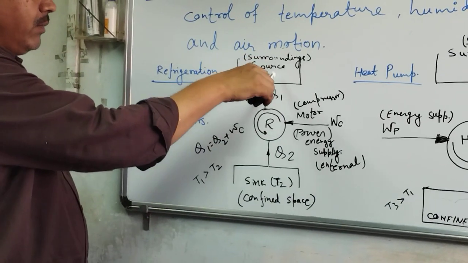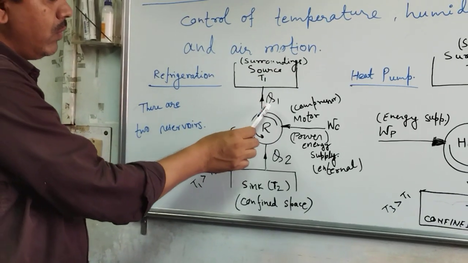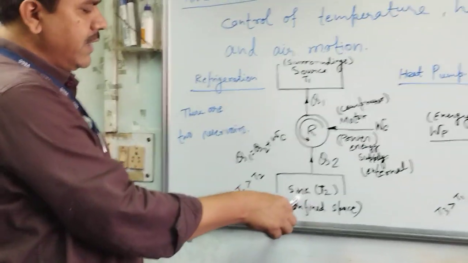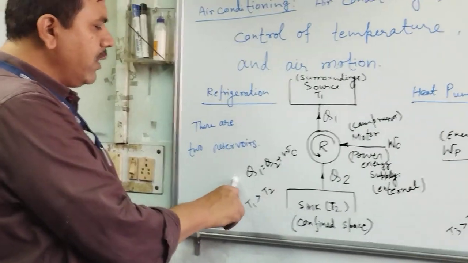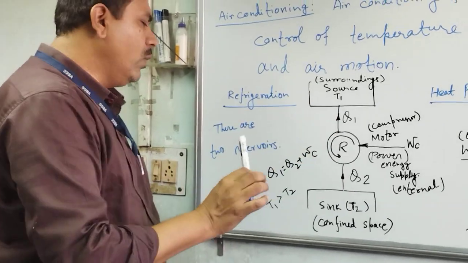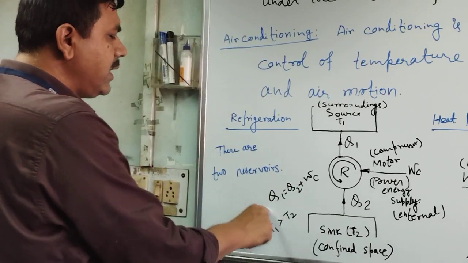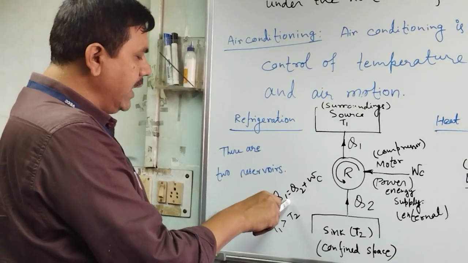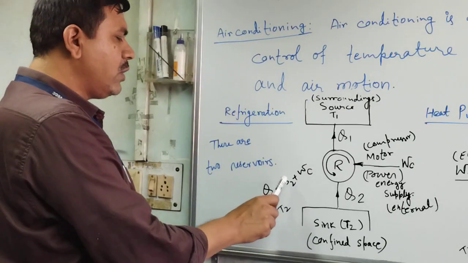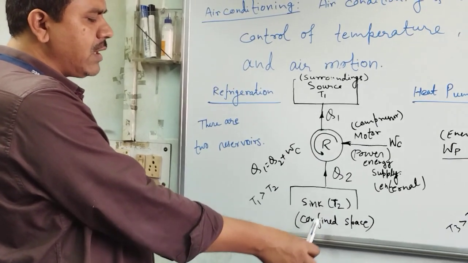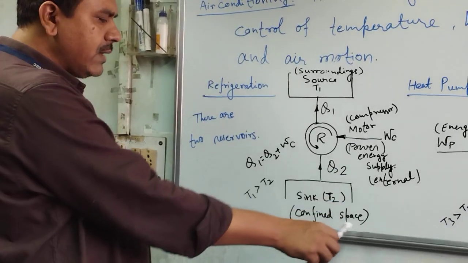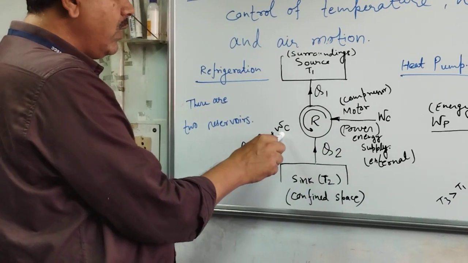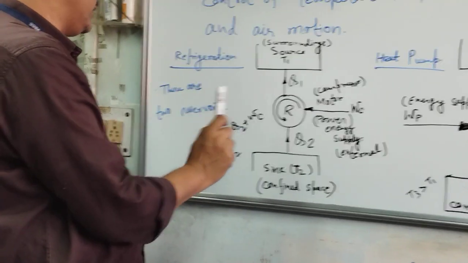The surrounding temperature is T1, where the heat supplied is more, as well as the sink temperature. Therefore, applying the formula, Q1, the heat rejected, equals Q2, the heat received from the confined space or refrigeration space, plus WC, the work of the compressor.